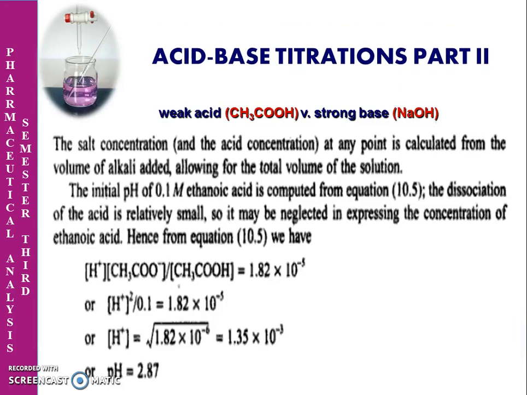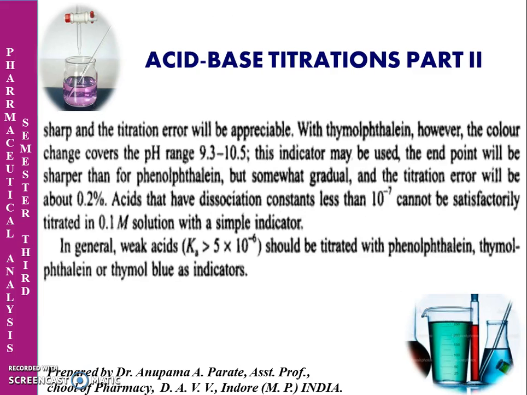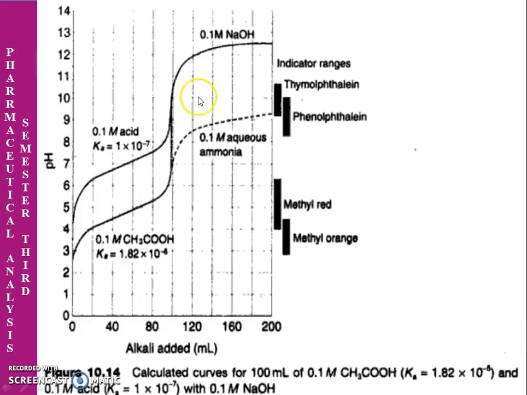The same can be seen with the help of an example. This is also the curve plotted between 0.1 molar acetic acid and 0.1 molar sodium hydroxide, which shows that there is only this much sharpness at the end point, at basic pH.